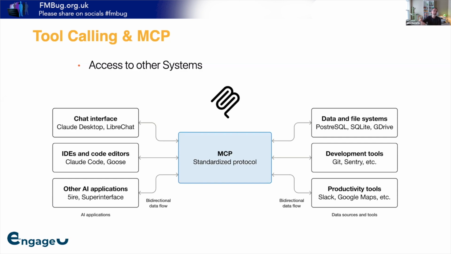That's what MCP is: a standardized protocol. Protocol meaning it's a language, just like HTTP is a protocol. It's an agreed-upon way of communicating between two different things. And this is the official infographic from MCP, and that's the MCP logo there. On the left-hand side, we have different AI applications. On the right-hand side, we have different back-end systems where data and logic live.